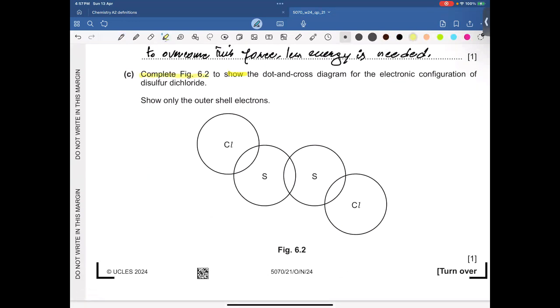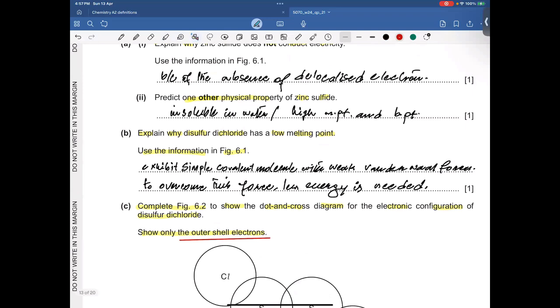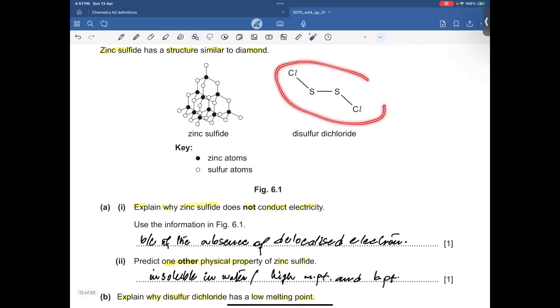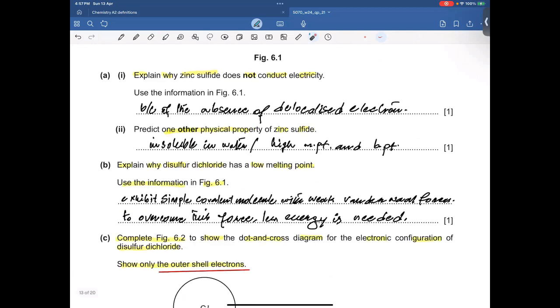Complete figure 6.2 to show the dot and cross diagram for the electronic configuration of disulfur dichloride. Use outer shell electrons only. Sulfur is found in group 6 of the periodic table. According to this diagram, a single bond exists between these elements, which means a single covalent bond. A single covalent bond is always formed when one electron of each element is shared. So I need to use one electron of each element.